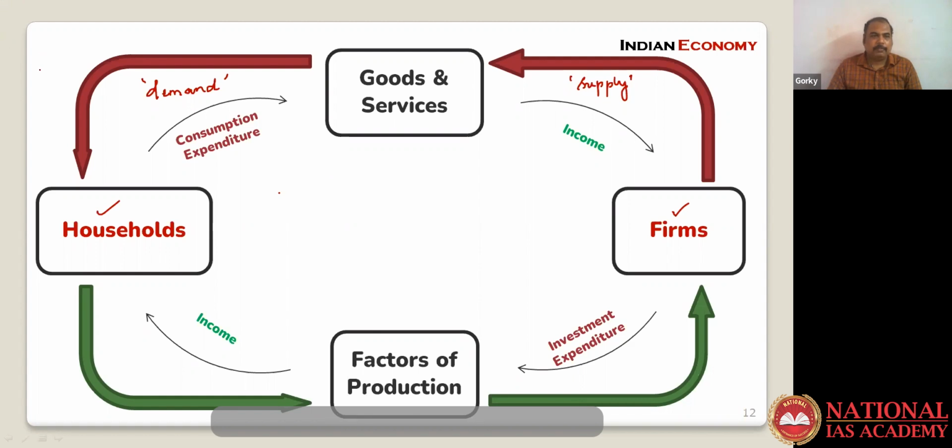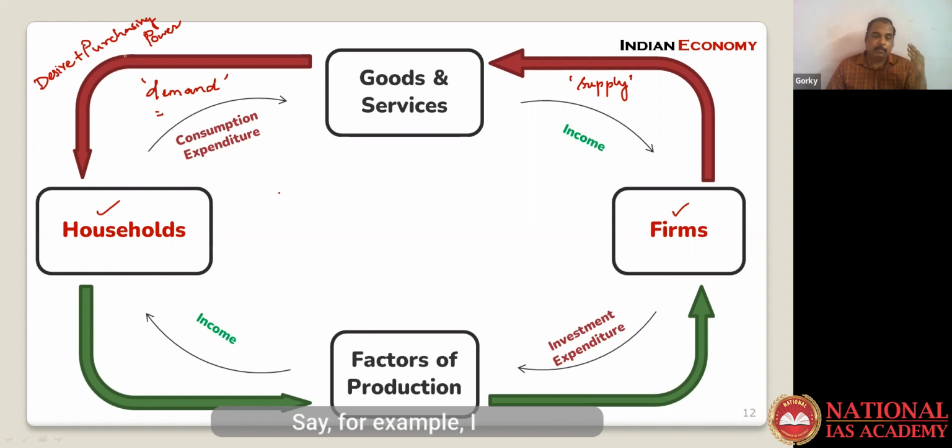Demand means desire or want, plus purchasing power. Purchasing power is the ability to purchase; you have money to purchase. So desire with purchasing power is called demand. If either one is not there, we don't call it demand.